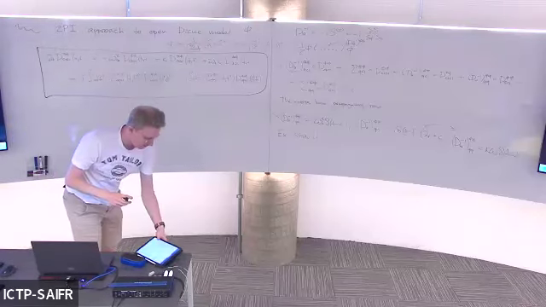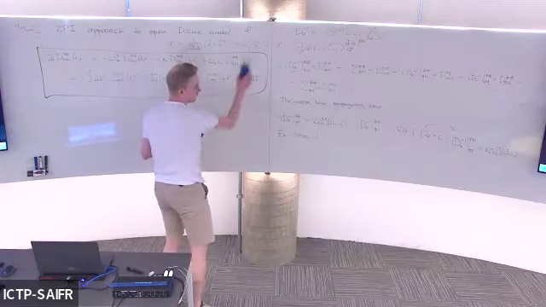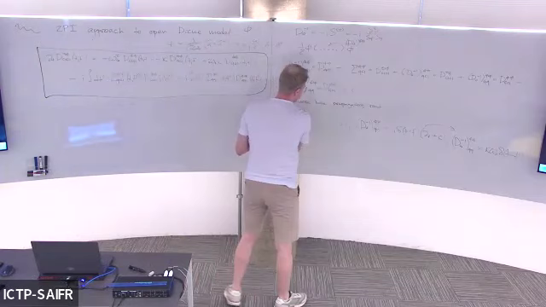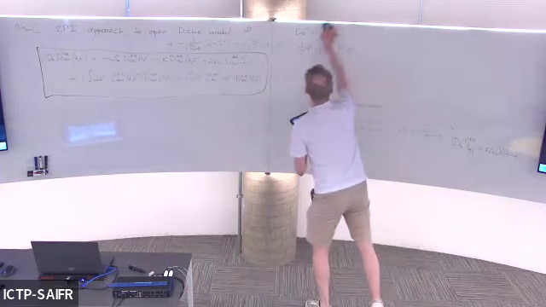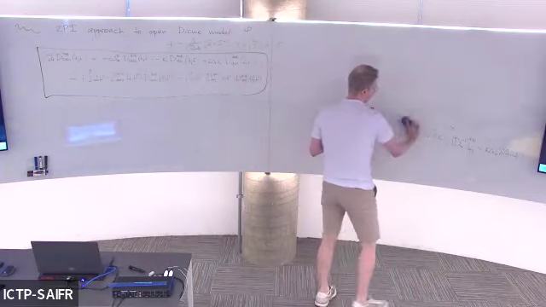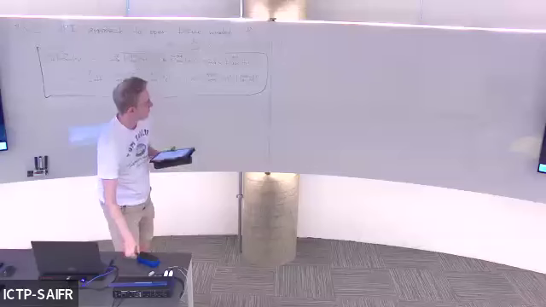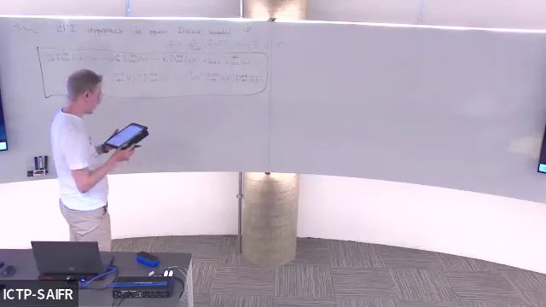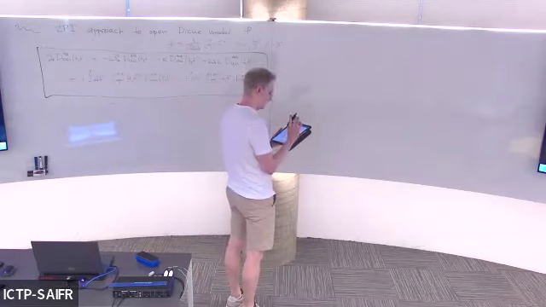Now, to bring this to a more familiar language, I can erase this. So remember yesterday, Alexandra showed you the two types of Green's functions, the statistical and the spectral propagators.